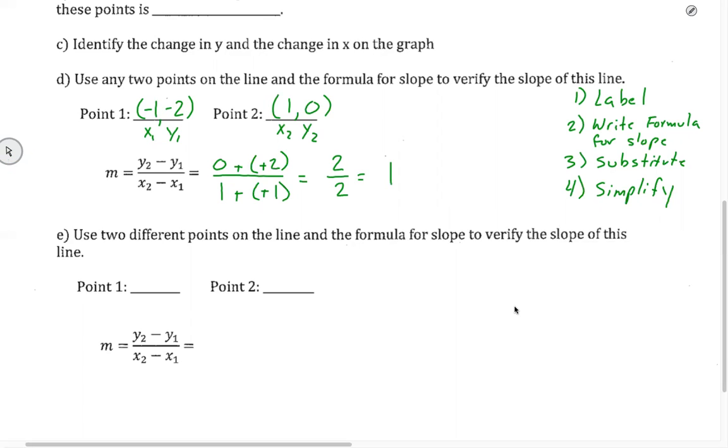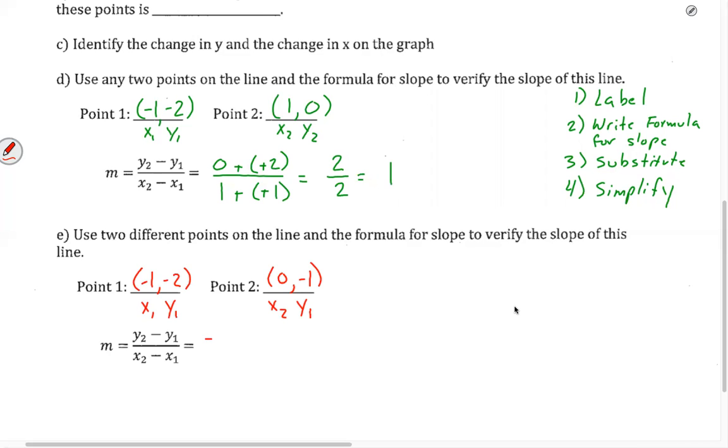Now it says to use 2 different points on the line and write it. So this was the difference that I was doing in counting that staircase and counting my slope on the graph. So let's use the point (-1, -2). Then the next one was (0, -1). So again, following those steps, I'm going to label. And now I'm going to write my formula. Well, it's written for me. So let's go to substitute.